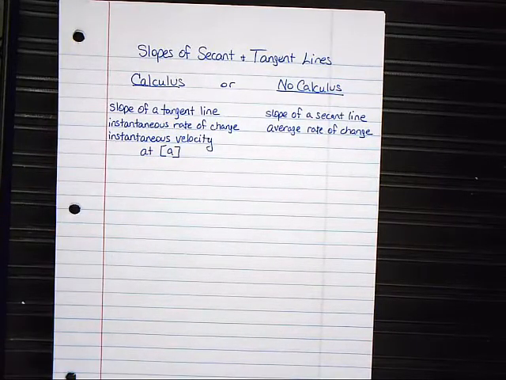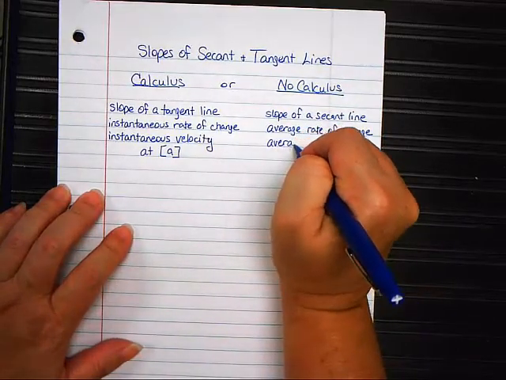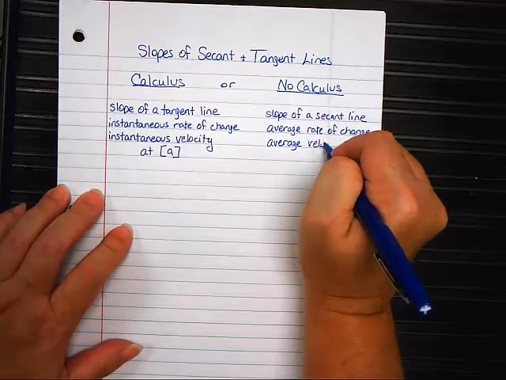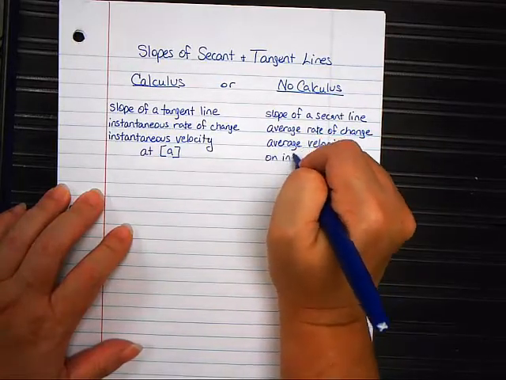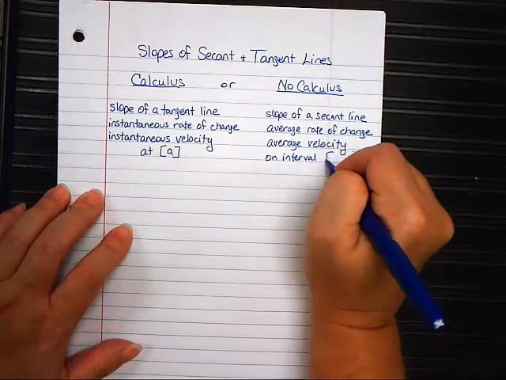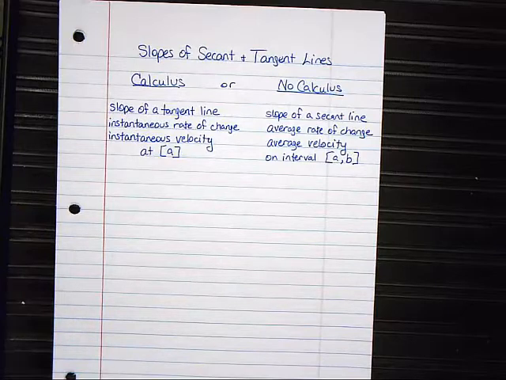That is another key that it's calculus, because they will give you only 1 point instead of 2 points. So when you're doing average velocity, which goes under no calculus, they will also say "on the interval from [a, b]". They'll say from 2 to 5, from 1 to 4, something like that. So if they give you 2 x values, that's going to be a no calculus problem.